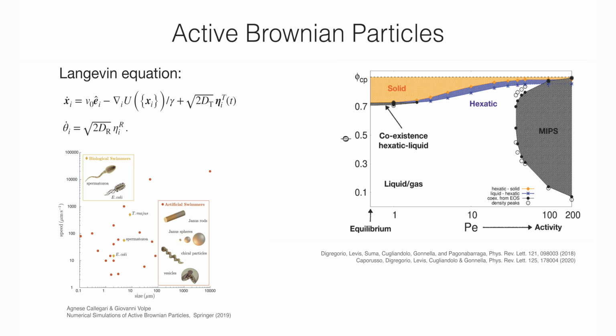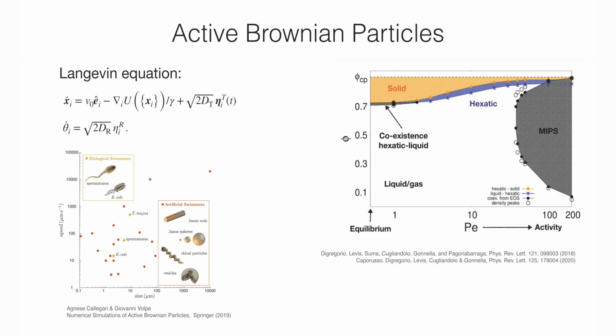So there you have a Langevin equation. X is the position of the particle. I is the number of the particle. And it has three terms that create the motion of these particles. The first one is V naught times a unit vector. That just means particles move at a constant speed given by V naught.